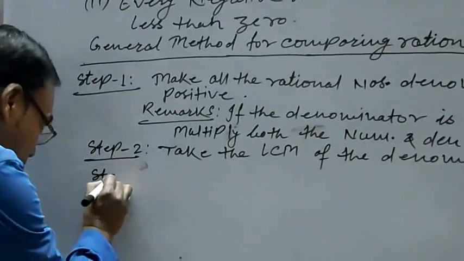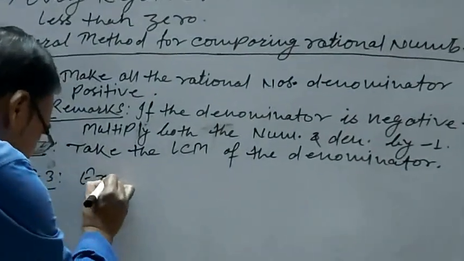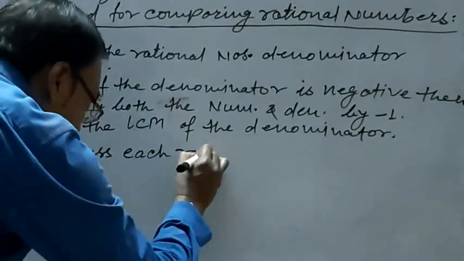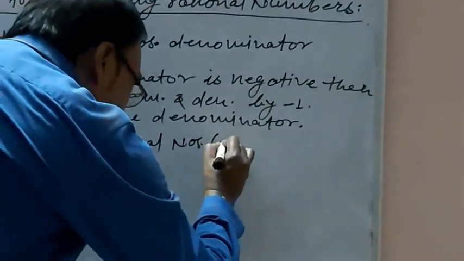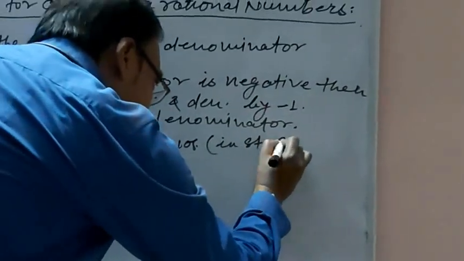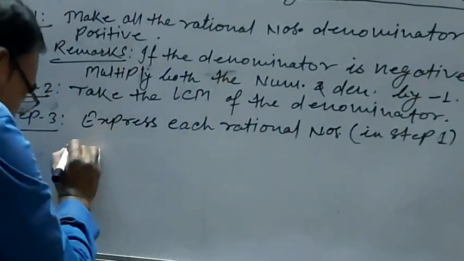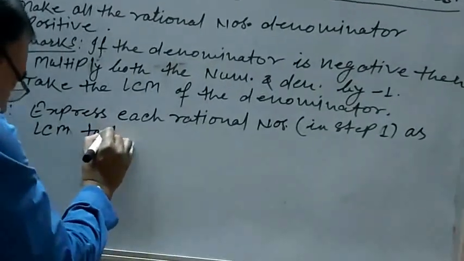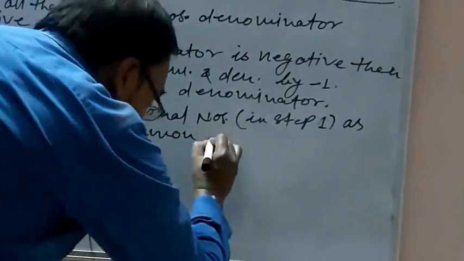Step 3, express each rational number as LCM to their common denominator.